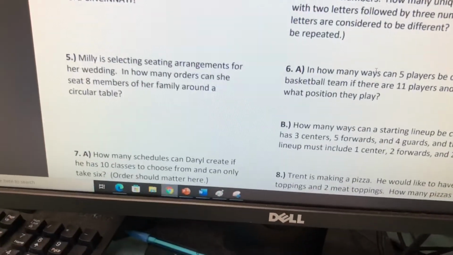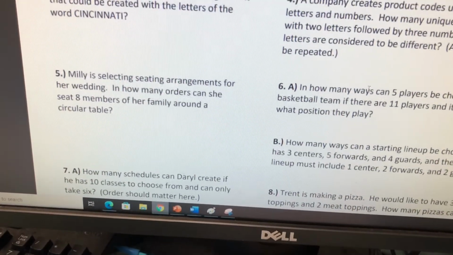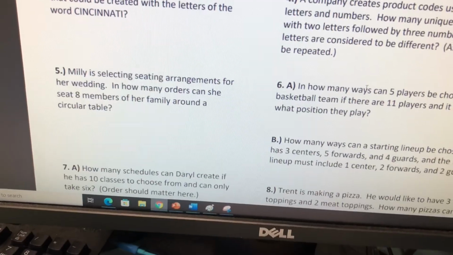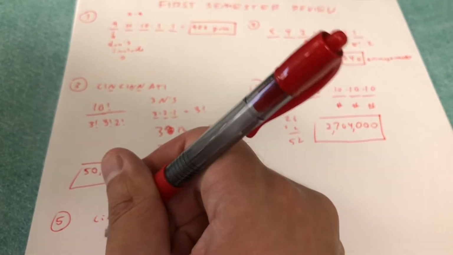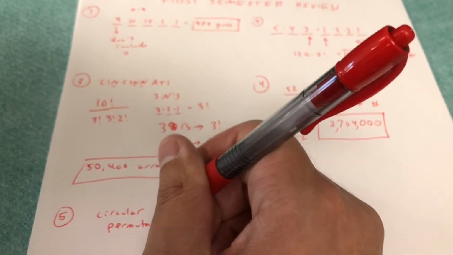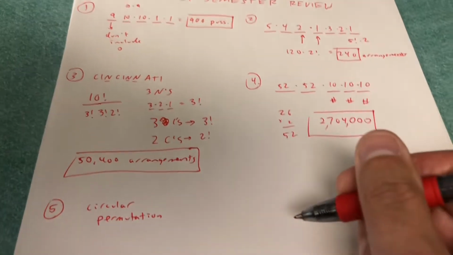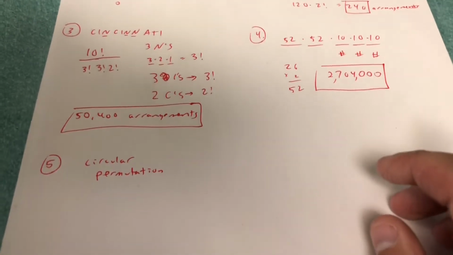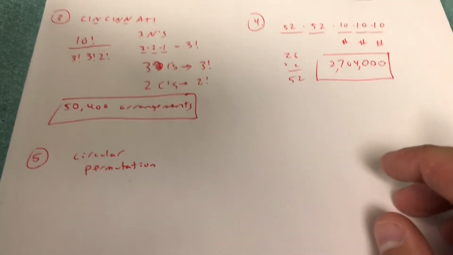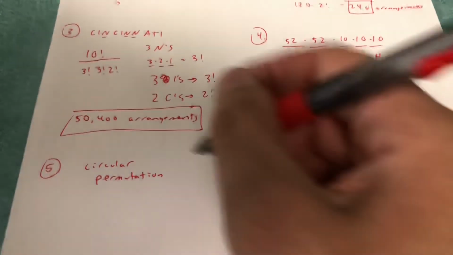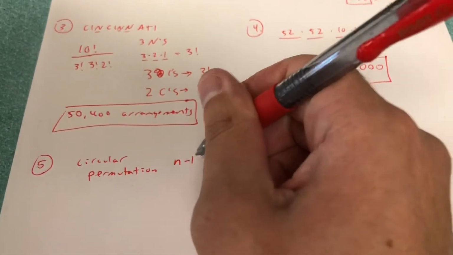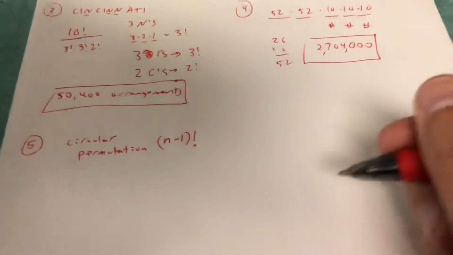All right, question number 5. Millie is selecting seating arrangements for a wedding, and in how many orders can she seat 8 members of the family around a circular table? Well, I'm not going to reprove this right now, but we did develop this concept earlier in the year, and we found out that because everybody can get up and move 1 seat over, however many times, the number of people sitting around that table, it's actually the number of items minus 1 factorial.